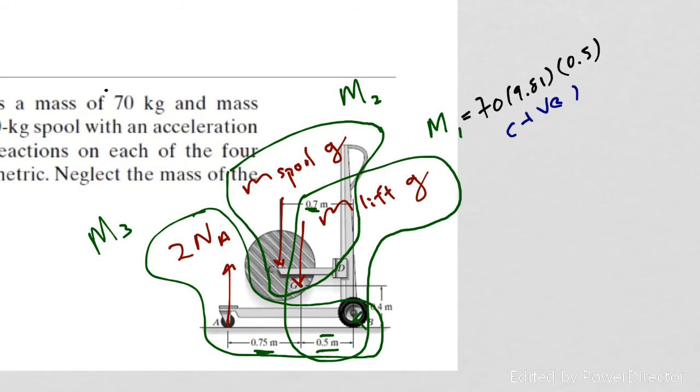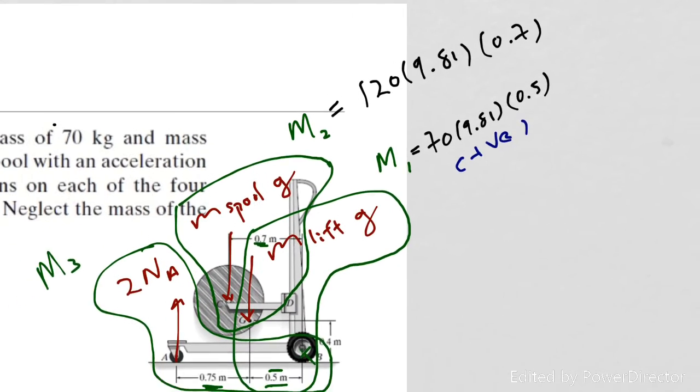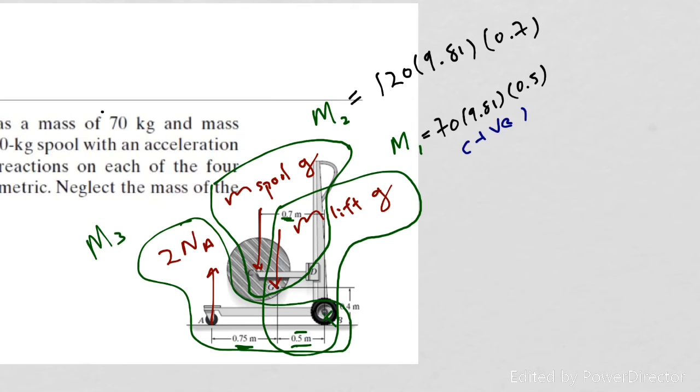I can also write my calculation for my M2. So the spool is 120 and then 9.81, and the distance will be 0.7. And then same, if you look at the diagram, the force is here and the pin point is here, B. So now you can visualize that it will go in that direction.